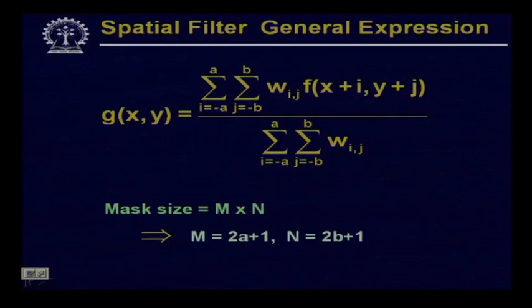So, here it shows that we can have a neighborhood of size m by n, where m equal to 2a plus 1 and n equal to 2b plus 1, where a and b are some positive integers. And obviously, it is shown here that the mask is usually of odd dimension, not even dimension, and that is the mask normally used in image processing.